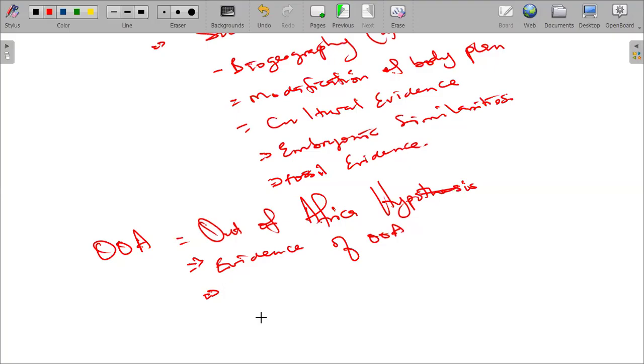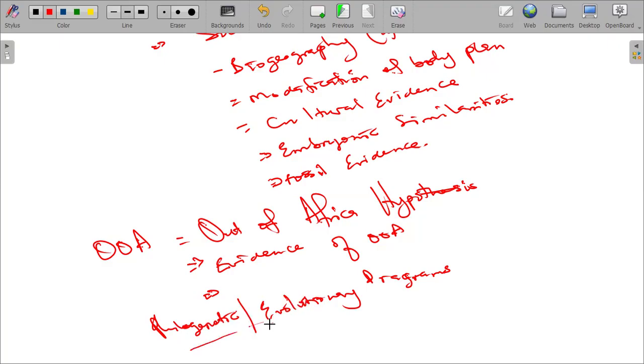I'm sure you also need not to forget the phylogenetic or evolutionary diagrams. Remember, these diagrams explain the way through which evolution took place. So we are saying organisms that appear to be close together are more related than those that are far apart.